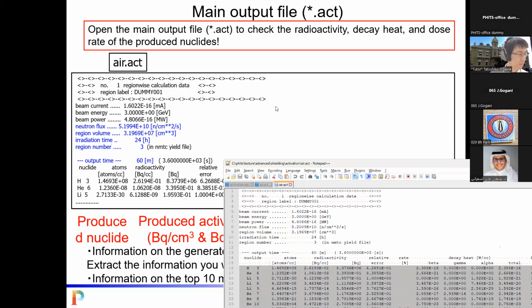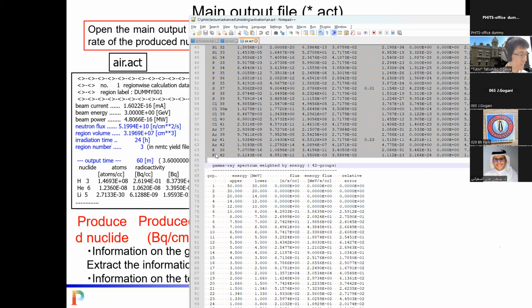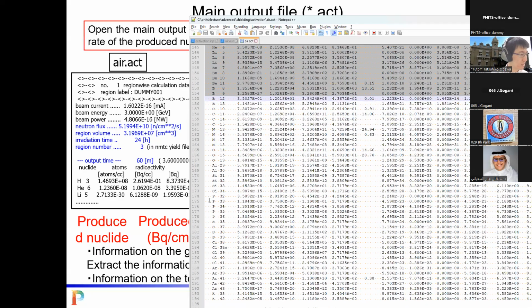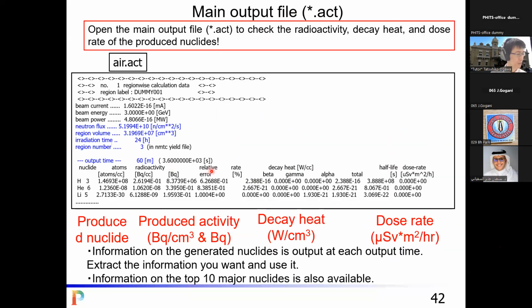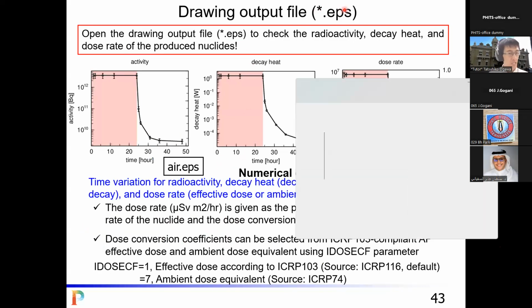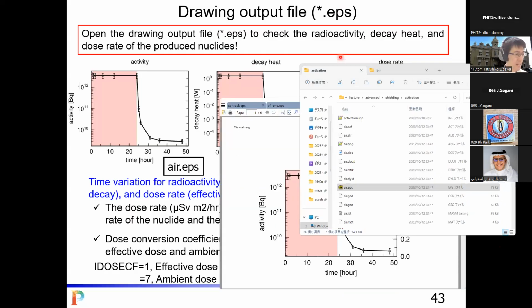The very first part is the data for 60 minutes from the beginning of history. And the second part is for 2 hours. We can get very detailed information on activation in this file. And the EPS file is very helpful to quickly grasp what the output says.